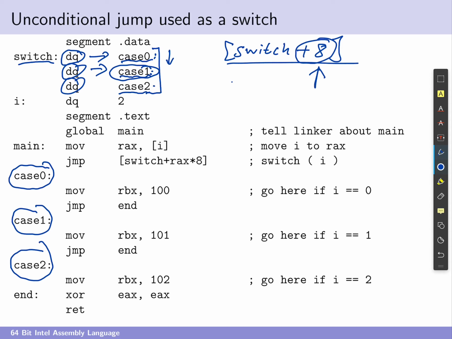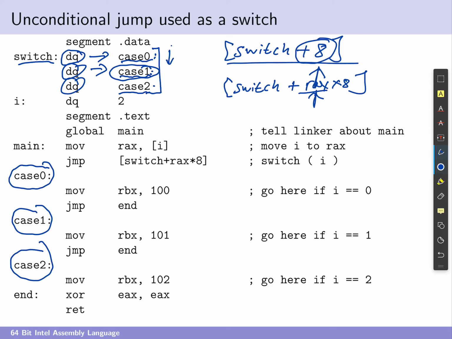Now, you can actually extend this idea, and we'll go through this in a little bit more detail when we do arrays, but it's worth mentioning it now. Say I wanted to get to a specific entity in this array, I could actually use a register times 8, and whatever value was in the register would dictate which element.